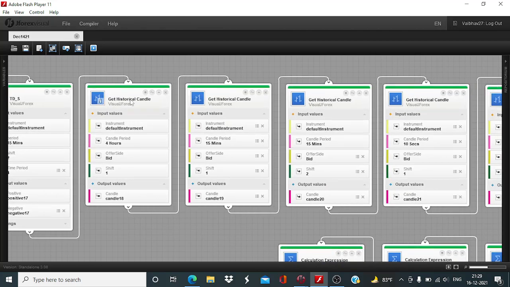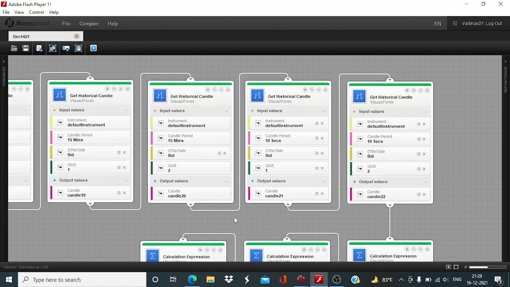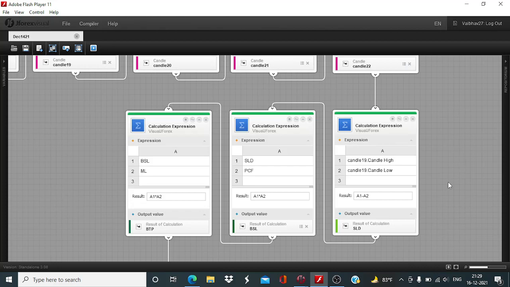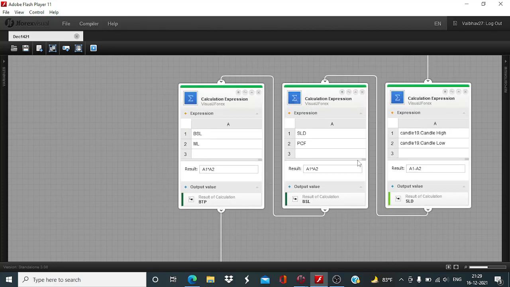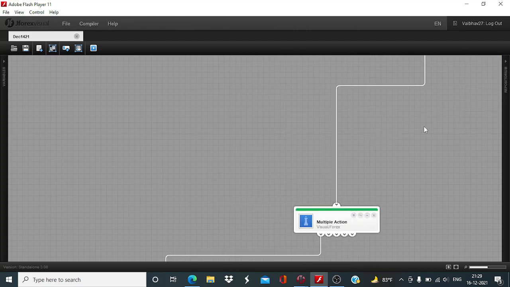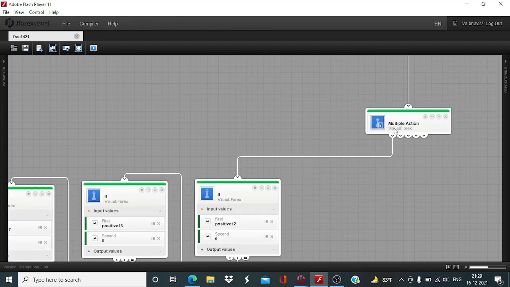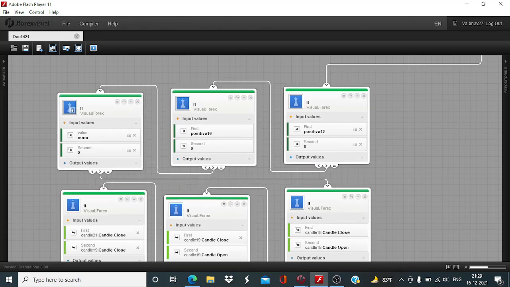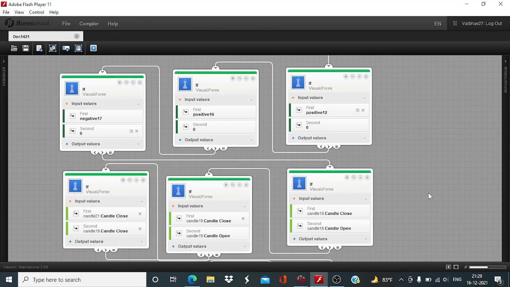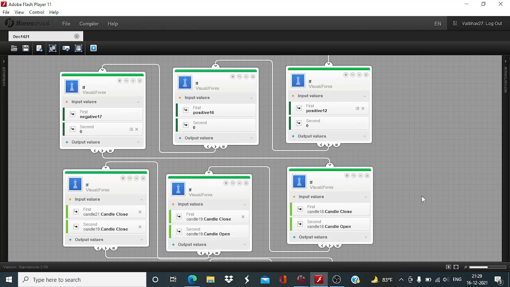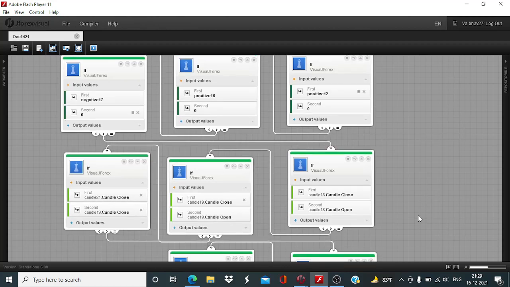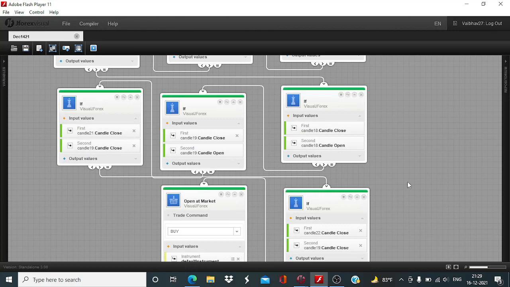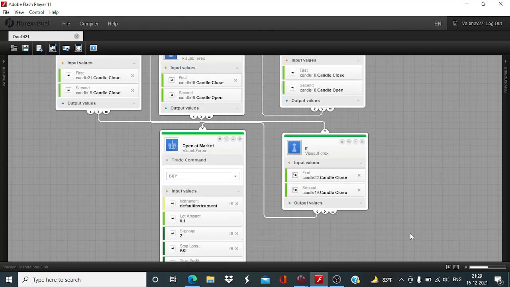We are also relying on the information candle of get historical candle, and to set certain conditions, certain parameters, we are also taking the help of these calculation expression blocks. On the lower side, after this multiple action iteration, we have these if else blocks, which have been used to define the conditions which need to be fulfilled for the execution of the buy trade.